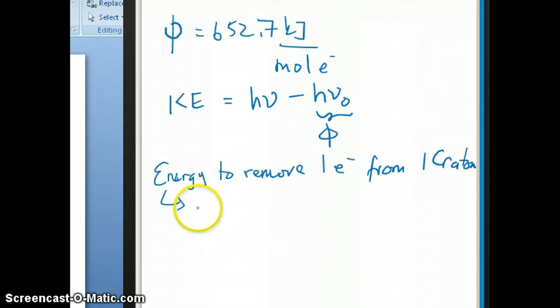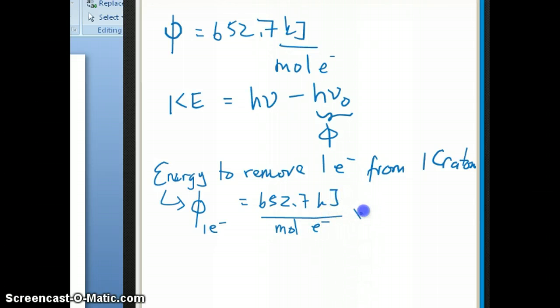So the work function for 1 electron would be 652.7 kilojoules per mole of electrons times our conversion factor, which is that 1 mole of electrons contains 6.02 times 10 to the 23, Avogadro's number, of electrons.